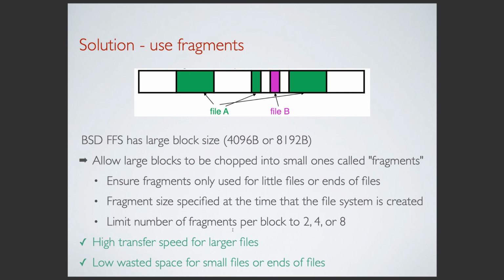And you're going to limit the number of fragments you have per block, so it's either 2, 4, or 8. I'm going to show you an example with 4. Okay? The good thing with that is, if you have a large file, you have a high-speed transfer because you are basically doing it at the level of blocks, right? And you don't waste space for small files.